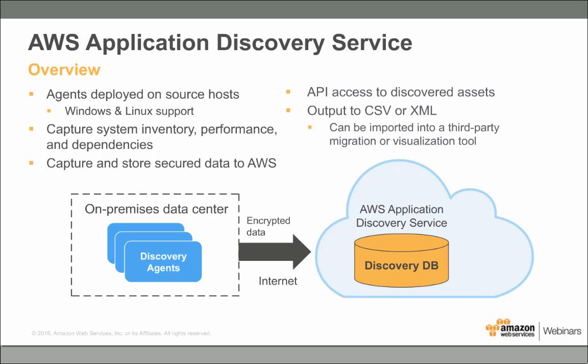Think about an offline interaction with the data, where you can dump all of the inventory information, all of the data pertaining to your environment, into a CSV or an XML. And once you export into one of those formats, you're free to consume it however you want.